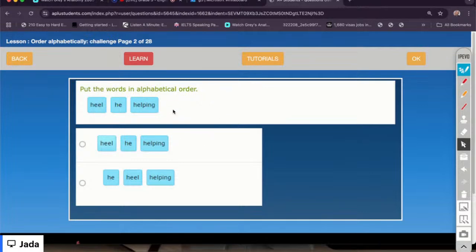So these all have the same first two letters, H E. So you have to check the second and say which one comes first.